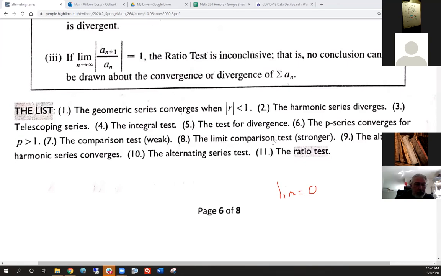Alternating harmonic series, it could mean that it converges. Alternating series test, the same thing. So the deal is that it can get really tempting to try to memorize what 0 does, but I would point out that 0 means different things in different contexts.